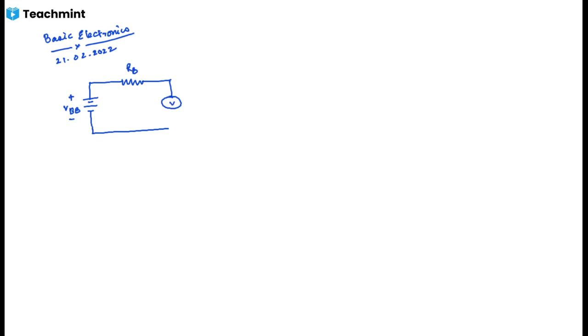Voltmeter is connected here. Ammeter is connected here. Across this, I will measure the VBC.